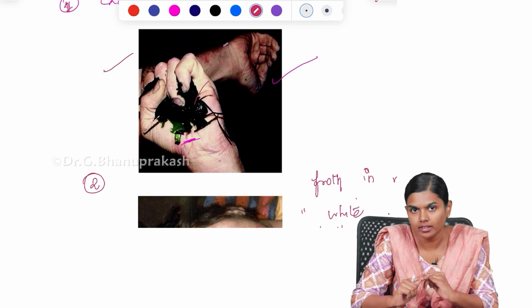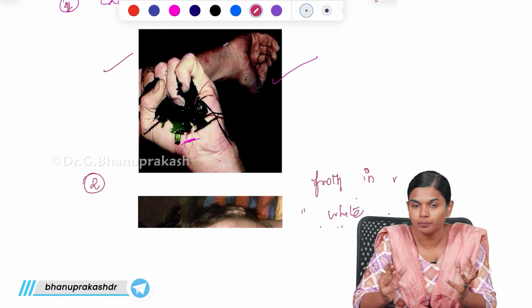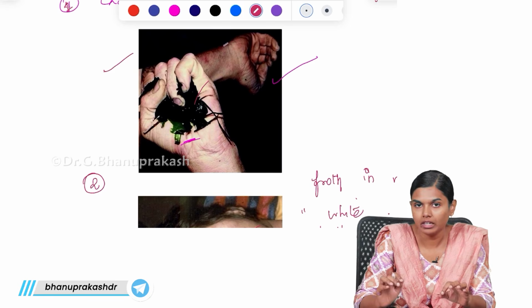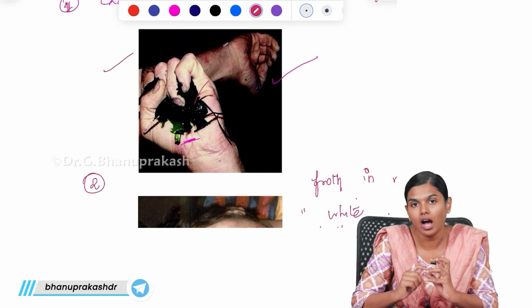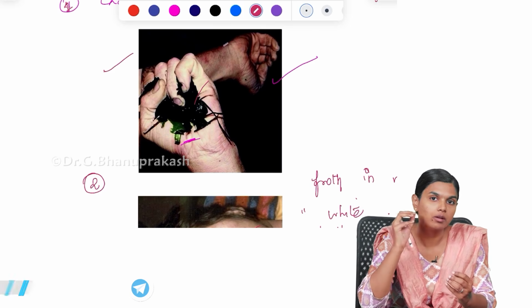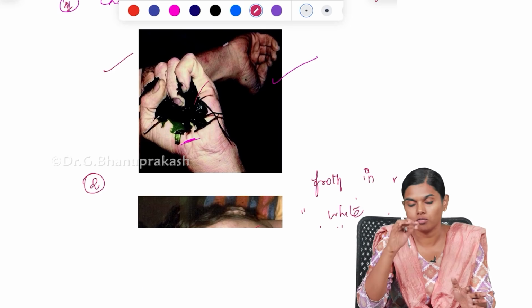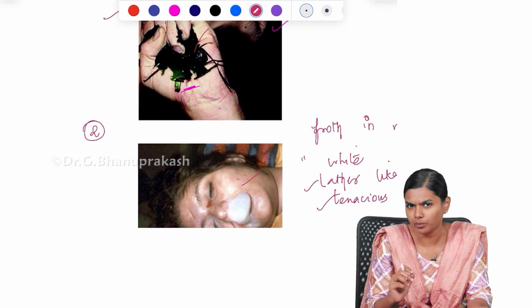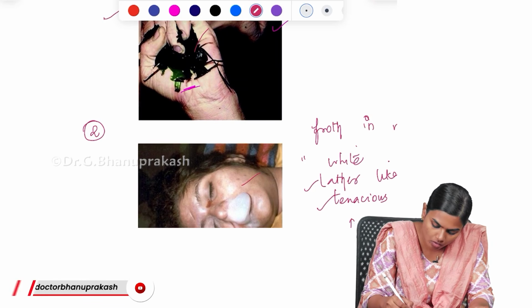So, it will be white in color, it will be very lathery, and it will be tenacious, meaning the bubble would be hard to break, not hard as in very hard. Normally when you break a bubble, it breaks off easily, but this bubble will resist a bit more, mainly due to the presence of protein.